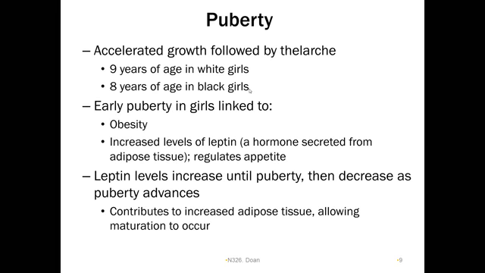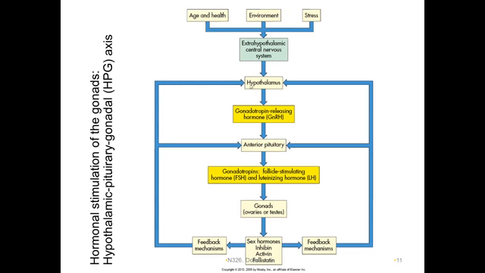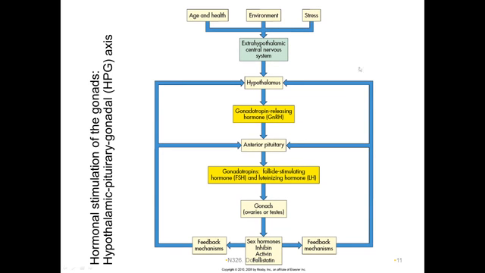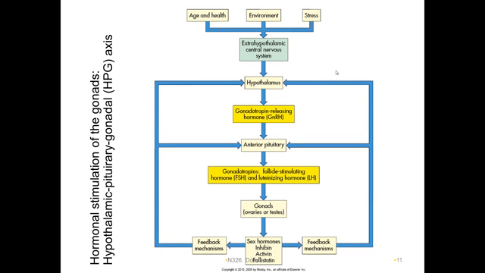The reproductive maturation involves the hypothalamic pituitary and gonadal axis. This is a picture that depicts the hormonal stimulation of the gonads. So you can see that puberty is related to age and health, and this HPG axis has determinant factors that depend on the age and the health of the individual, the environment where the individual is.